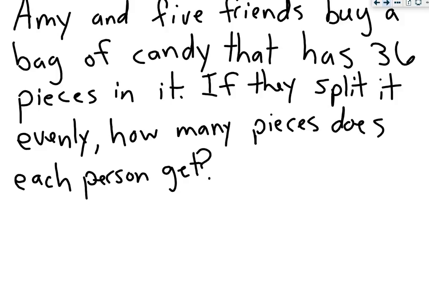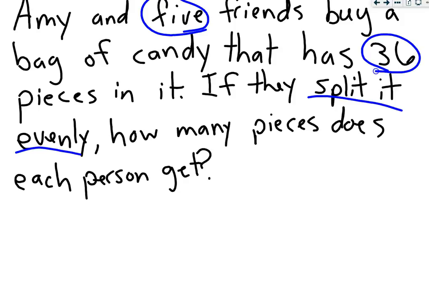Now this problem is meant to trick you a little bit because you only truly see two numbers, 36 and 5. So your first instinct may be to evenly split, thinking, I need to divide these two numbers, which is true. However, read the question one more time.